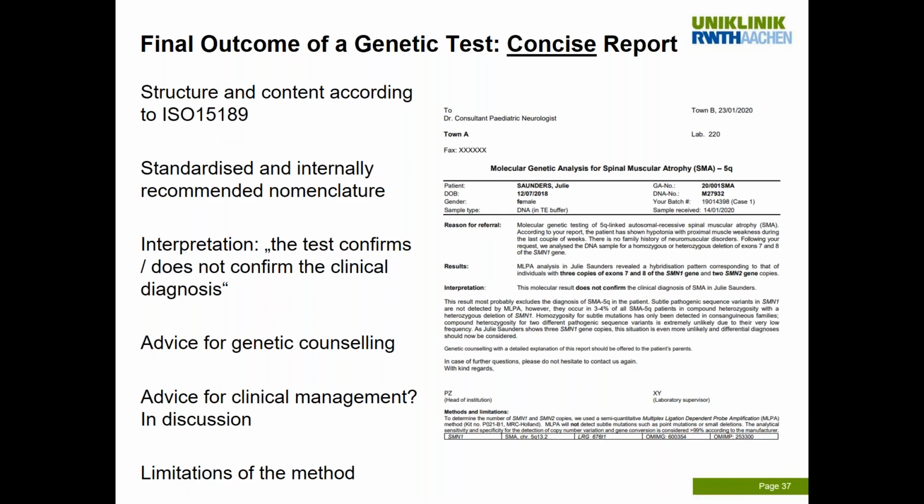They should include standardized and internationally recommended nomenclature. They should have a clear interpretation: this test confirms the clinical diagnosis or does not confirm the clinical diagnosis. The report should include advice for genetic counseling. Whether it should include advice for clinical management is in discussion.